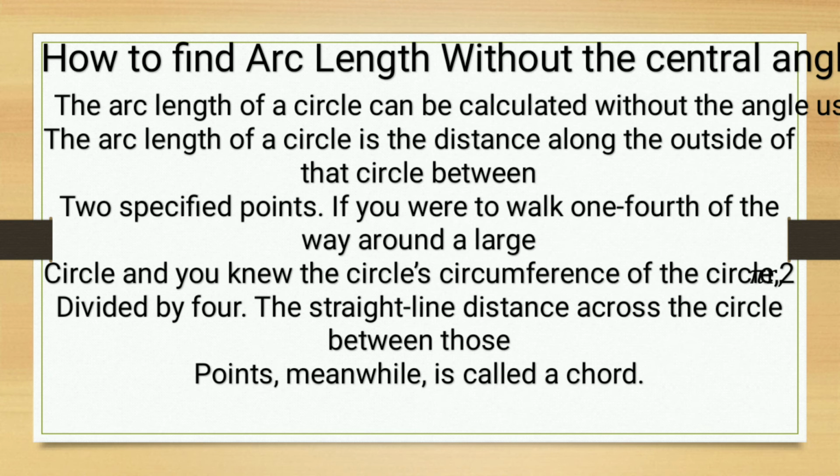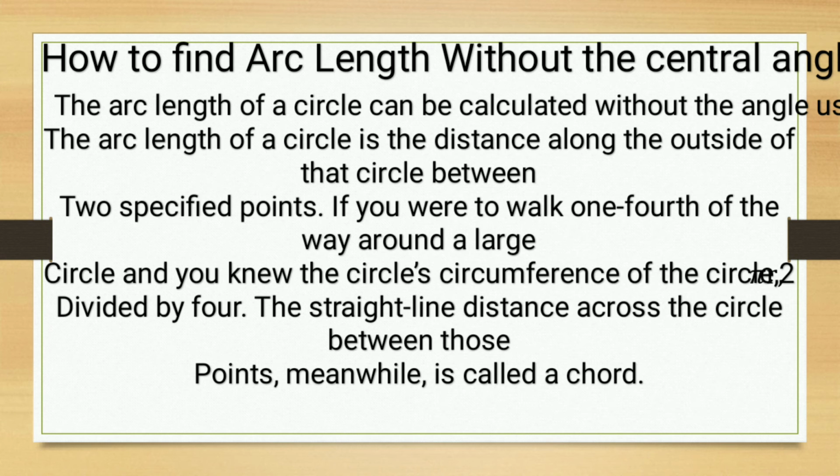How to find arc length without the central angle? The arc length of a circle can be calculated without the angle, as the arc length of a circle is the distance along the outside of that circle between the specified points.